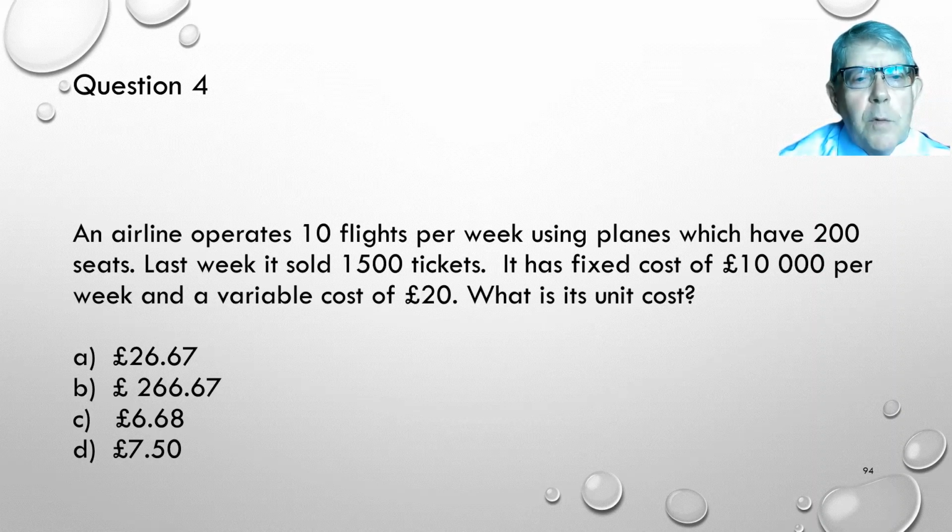Last week, it sold 1,500 tickets. It has fixed costs of £10,000 per week and a variable cost of £20. What is its unit cost? Is it A, £26.67, B, £266.67, C, £6.68, or D, £7.50?